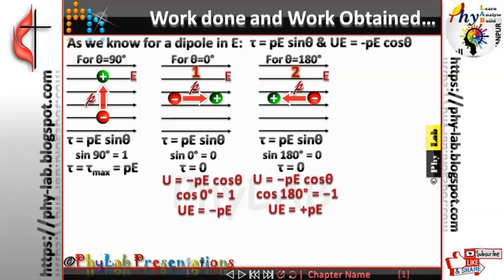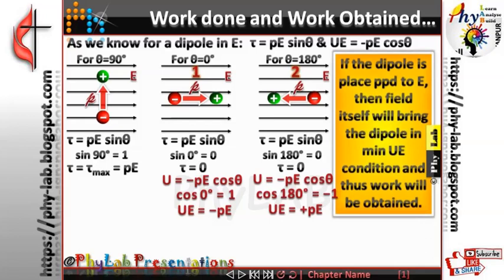Now let's refer to this first orientation or position of the dipole. Theta in this position happens to be 90 degrees and the dipole is experiencing a maximum torque.